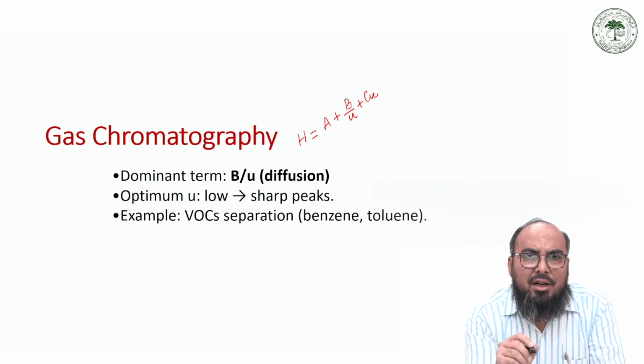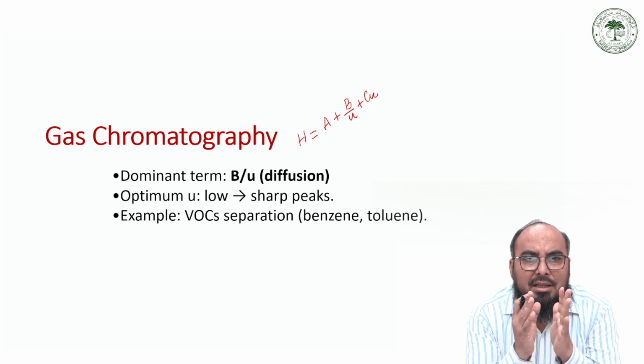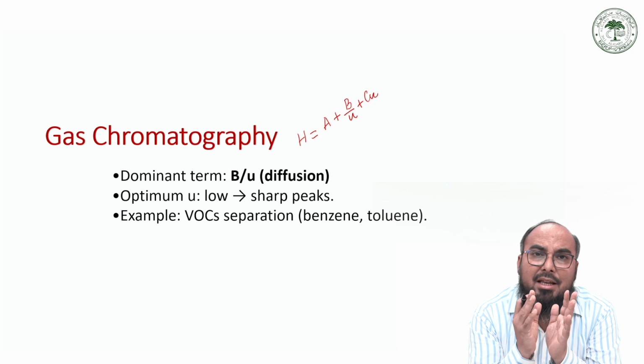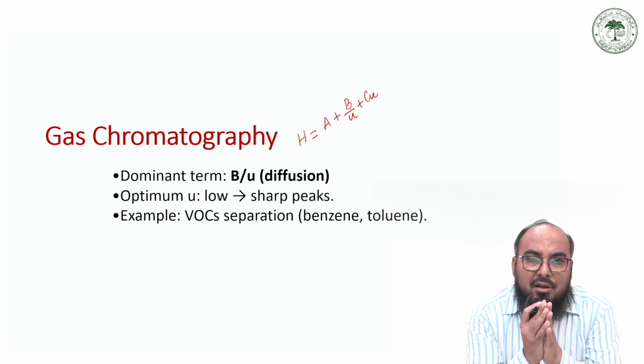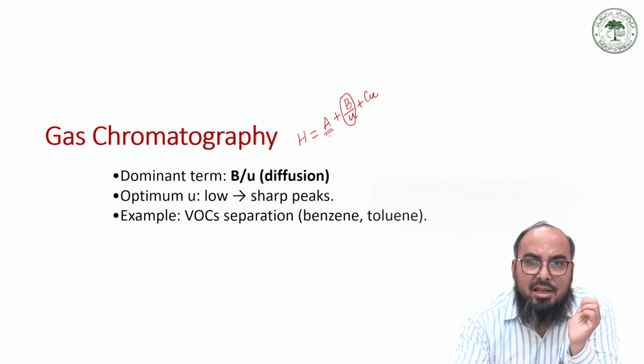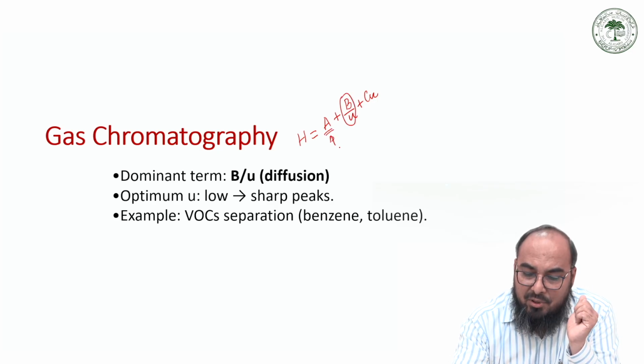When this volatile compound mixes with the carrier gas, all the molecules are in the gaseous state, and the gas has the highest diffusion. The diffusion is so high that the B term becomes dominant, and the A term becomes negligible, or very low.